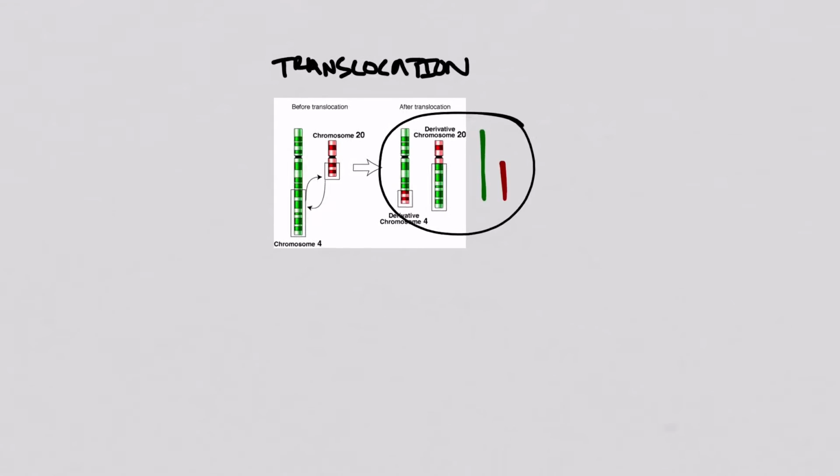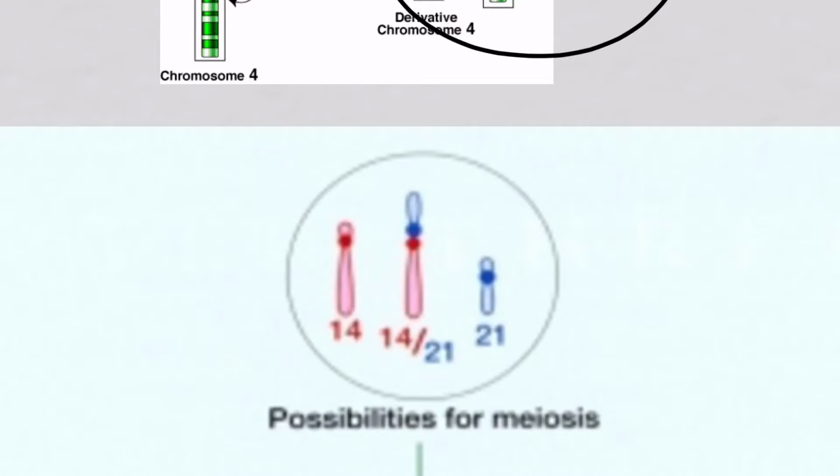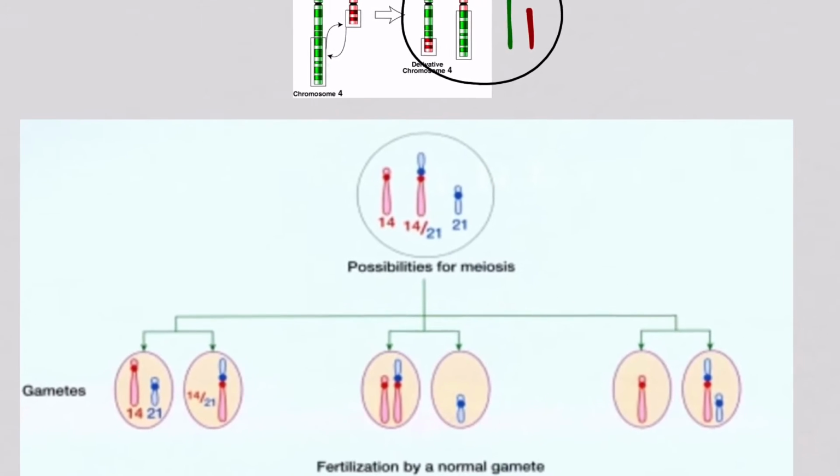Okay, so let's talk about the potential gametes that can be made with a person who has a translocation like this. Okay, so the image that I have here is slightly different chromosomes, but you get the point. It's still the same thing happens. A piece of chromosome 21 has annealed to chromosome 14, so this person has one normal copy of chromosome 14, one normal copy of chromosome 21, and then this joined pair of 14 and 21. So, what are the possible gametes that this person can make through meiosis?